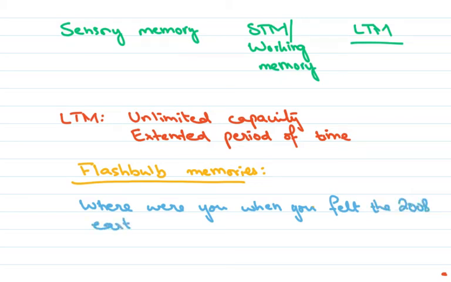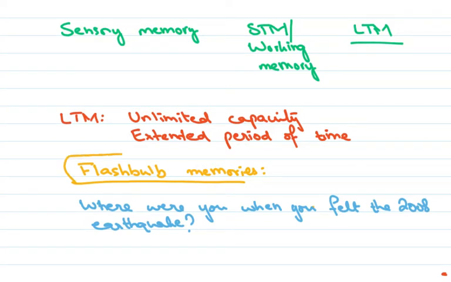Or, similarly, where were you when you heard about the APS attack, right? Chances are that you will have a very vivid recollection of where you were and what you were doing, right? This kind of memory is called flashbulb memory.